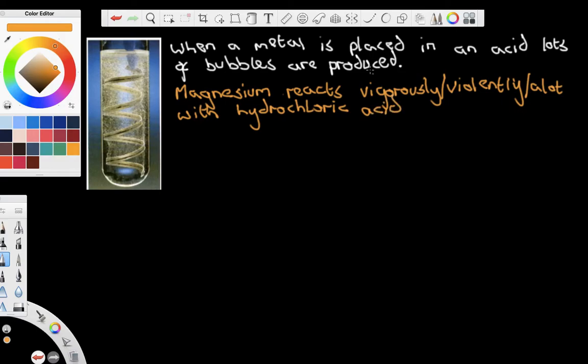So when we place a metal in an acid, lots of bubbles are produced. Magnesium reacts vigorously or violently or a lot with the hydrochloric acid.